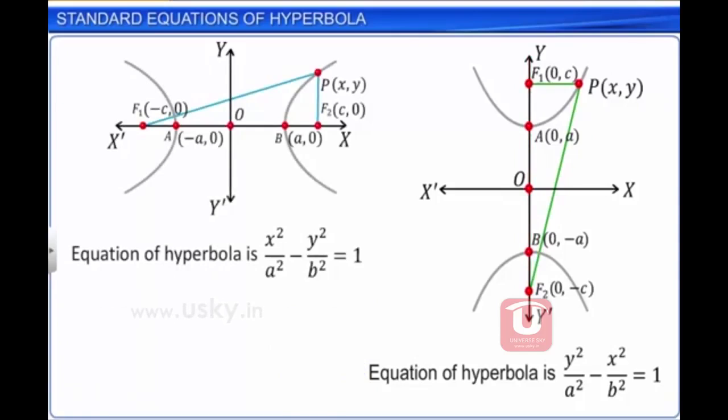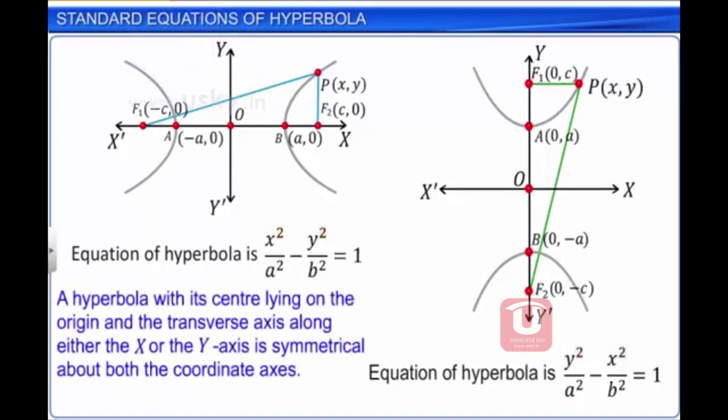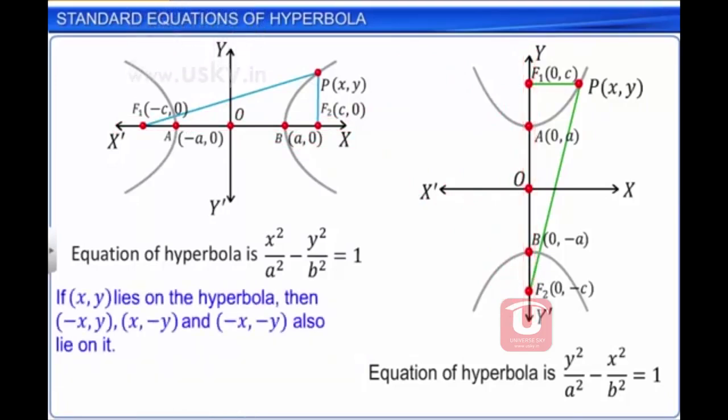Therefore, a hyperbola with its center at the origin and the transverse axis along either the x or the y-axis is symmetrical about both the coordinate axes. What this means is that if a point (x, y) lies on the hyperbola, then points (minus x, y), (x, minus y), and (minus x, minus y) also lie on the hyperbola.